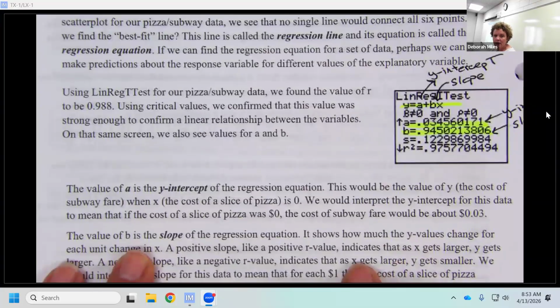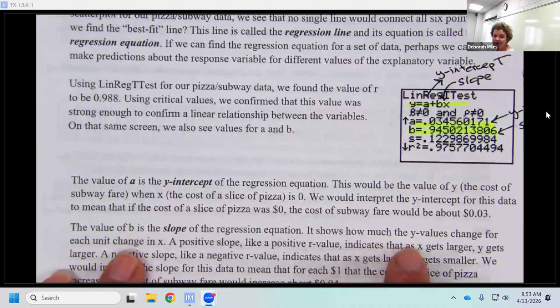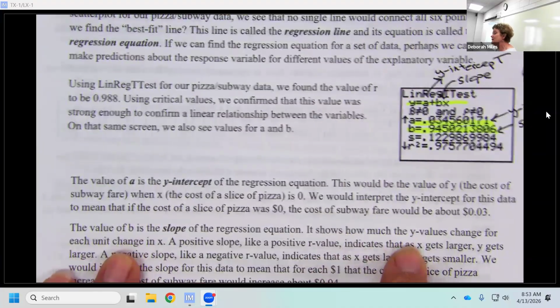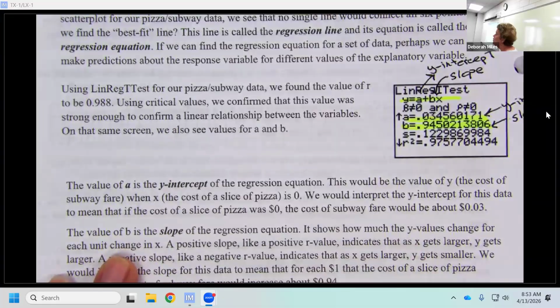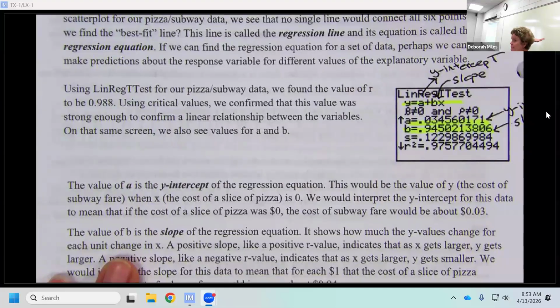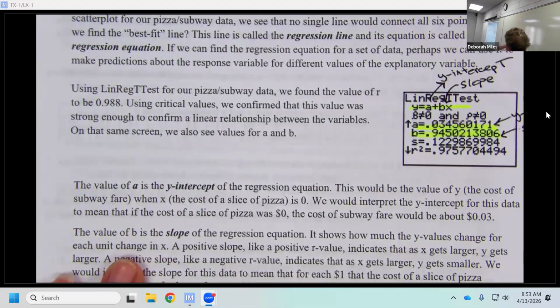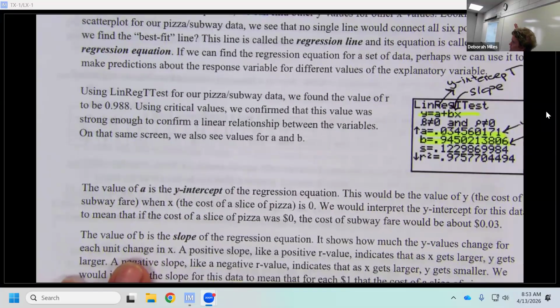And then the slope tells you how much the y values change for each unit change in x. What do we know about lines with a positive slope? What do they look like? They go uphill from left to right, and lines with negative slope go... oh, I did the wrong thing.